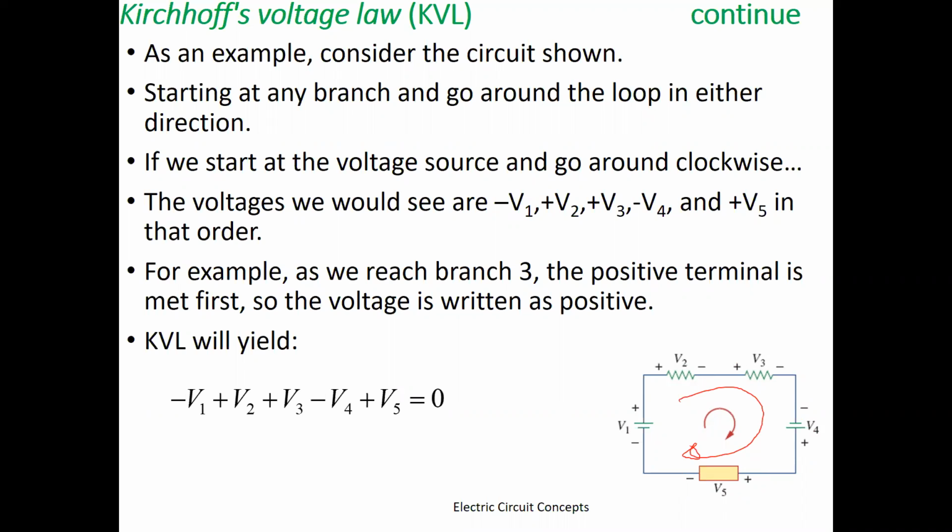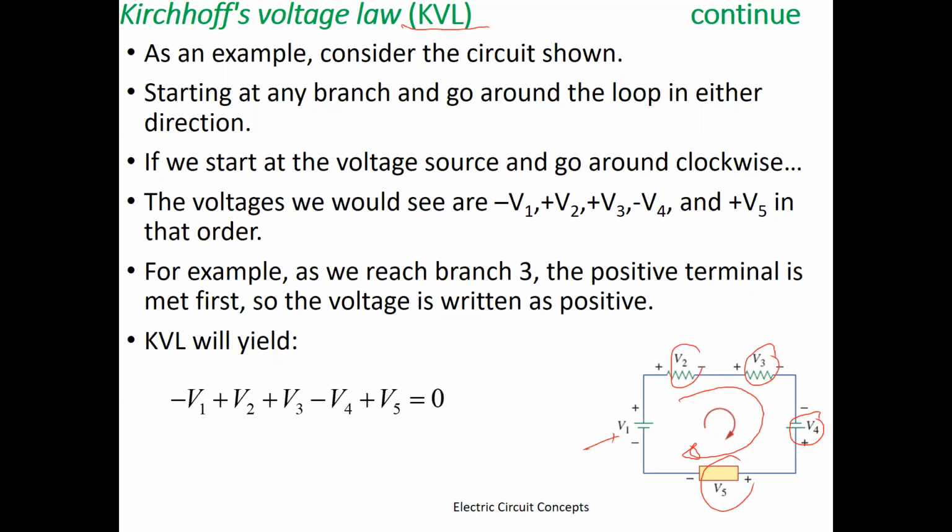Okay, so now I need to write down the KVL. The algebraic sum of the voltages around the loop is zero. Here we go. It doesn't matter where we start, whether with V2, V3, V4, V5 or V1. So let's start with V1.